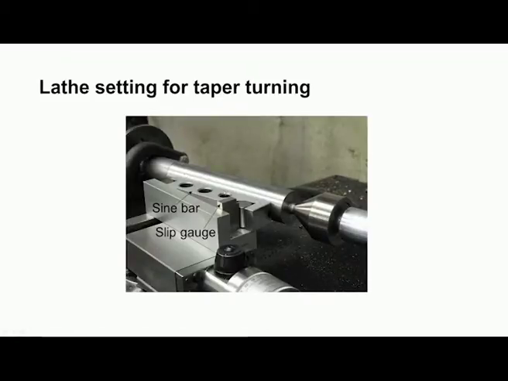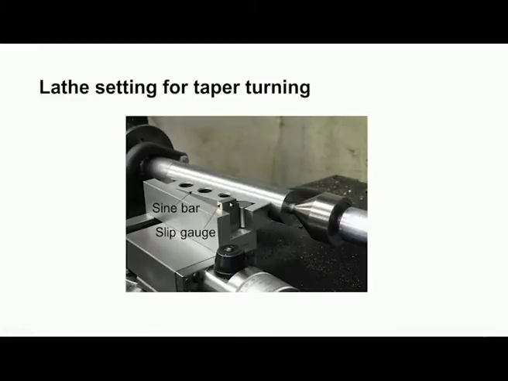We want to cut some taper, and now the tailstock quill can be moved. You can see the sine bar, and this is the reference surface, and between the cylinder of the sine bar and this reference surface we have filled in the slip gauge.